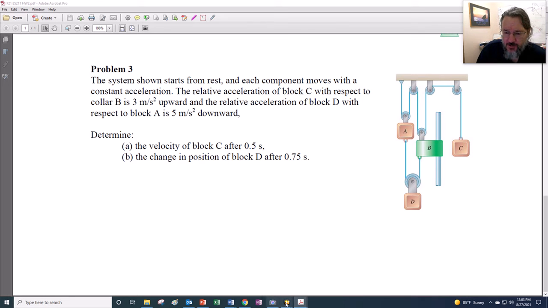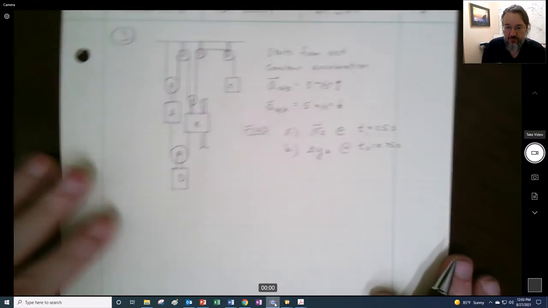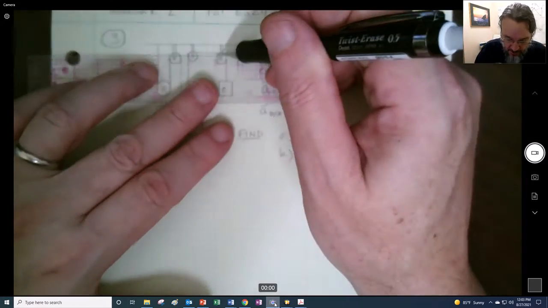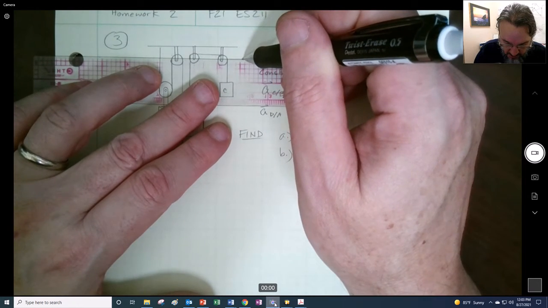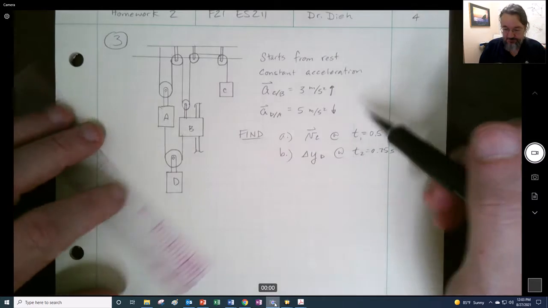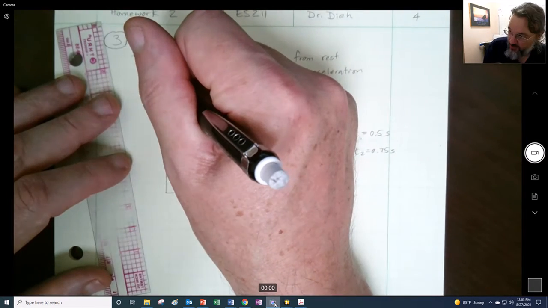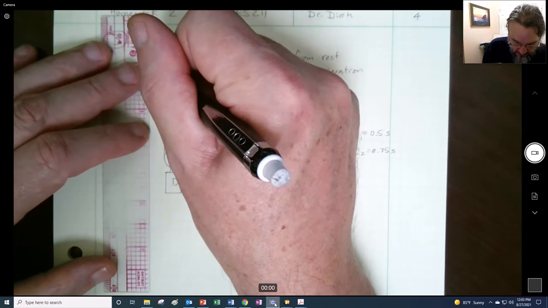We have to try to organize this, see what we know, and find a path forward. One of the first things to do is to draw ourselves a datum. That's a good spot to start from. I'm going to have my reference to A right here, I'll call that YA.